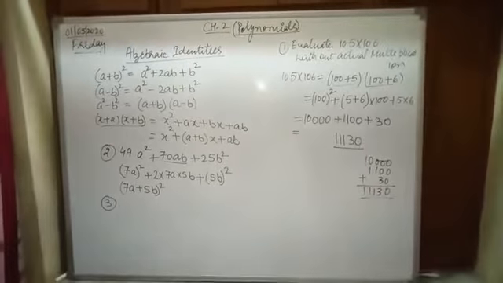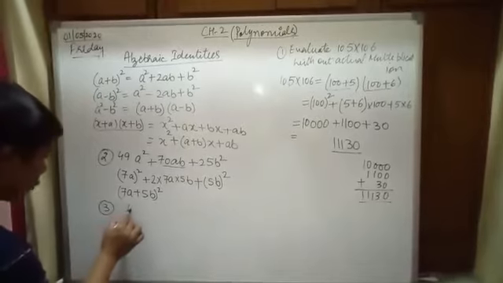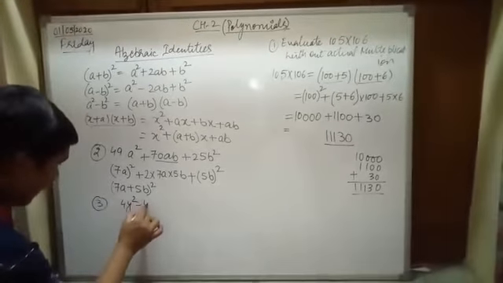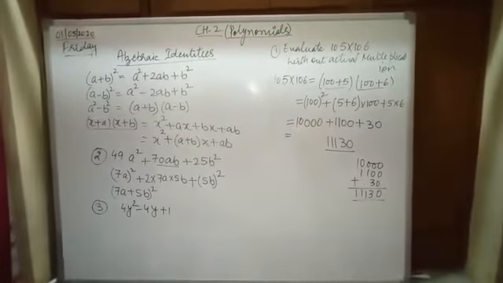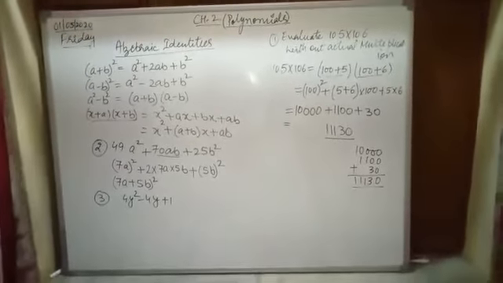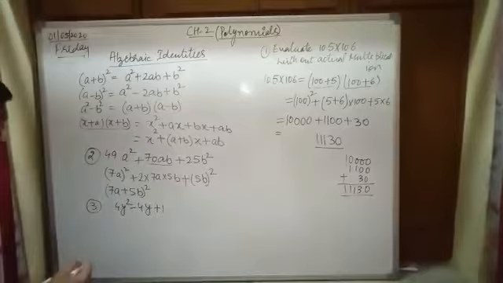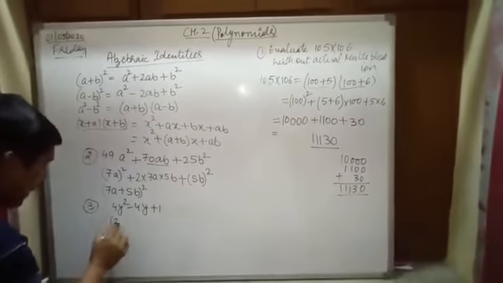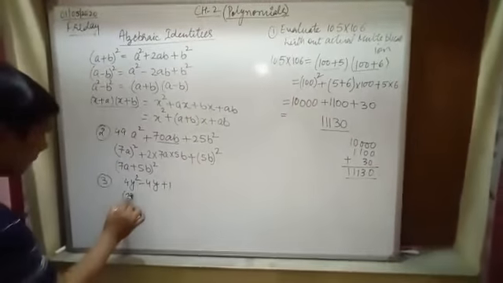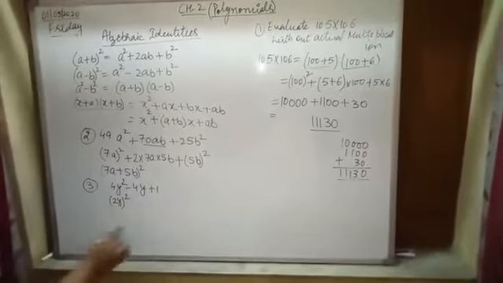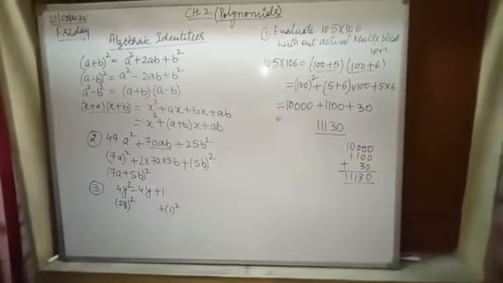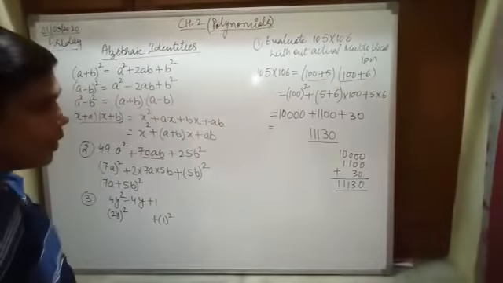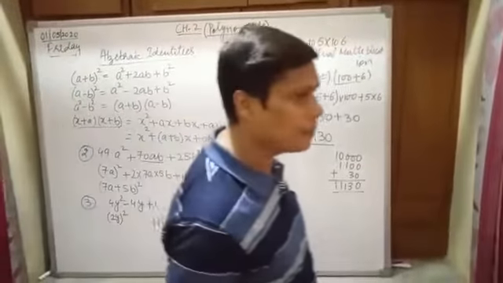One more question. 4y square minus 4y plus 1. Now solve this question. How will we solve? This 4y square can be rewritten as (2y) whole square. This is plus 1 square. 1 or 1 square, both are the same.